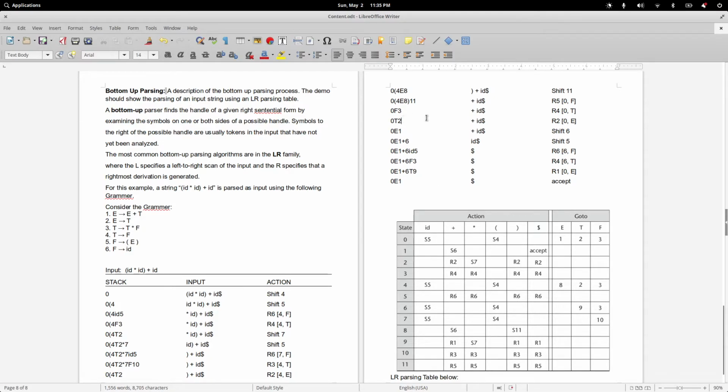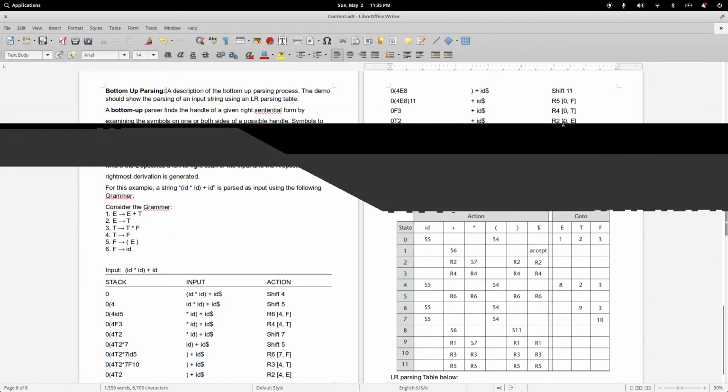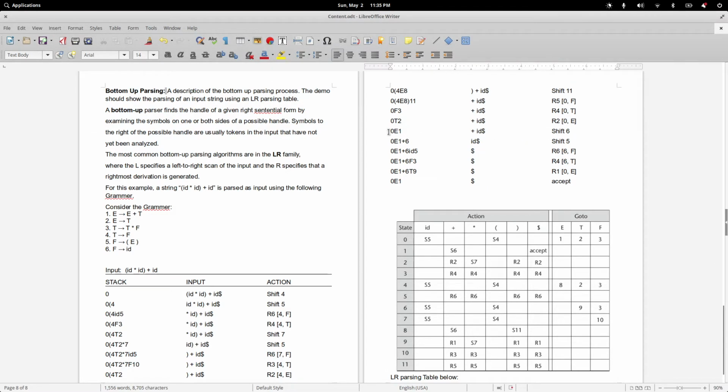Now 2 plus, when we look it up in the table, tells us we go to rule 2. So rule 2 tells us that T becomes E, so now we convert our T to E, and thus we get 0 E. Now, to get our 1, we look up 0 E, and we see it tells us go to 1, and that's where we get this 1 from.